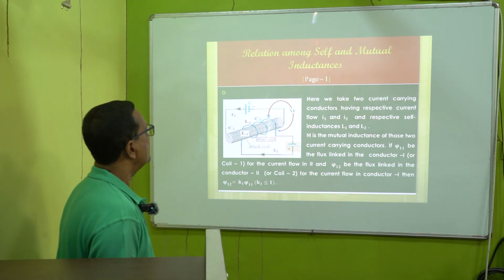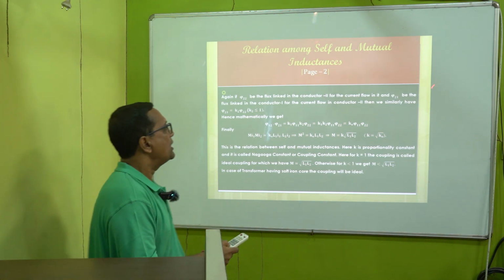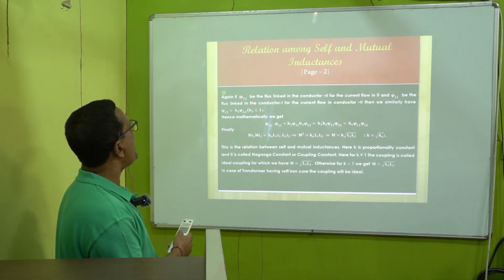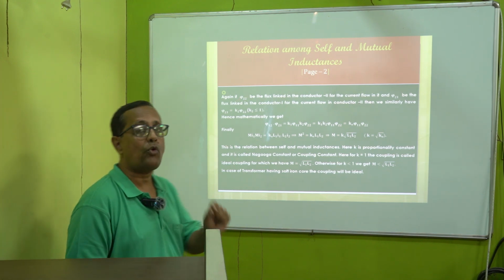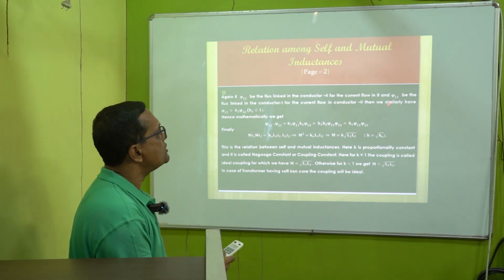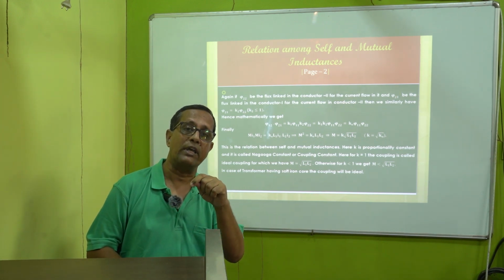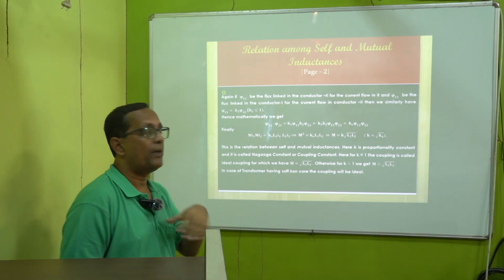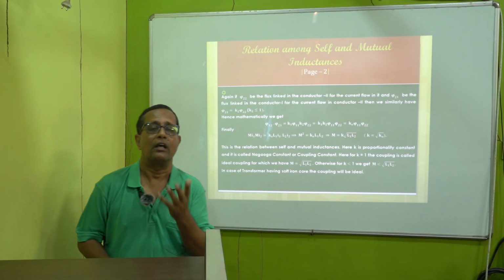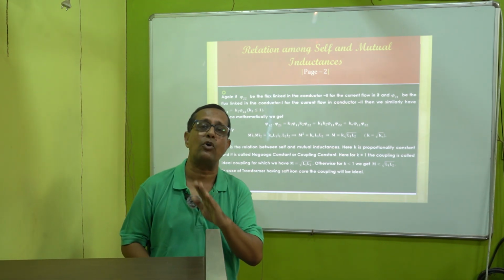Similarly, phi 22 is the magnetic flux linked in coil C2 due to the current flowing in it, and phi 21 is the magnetic flux linked in coil C1 due to the current flowing in coil C2. Then phi 21 is less than or equal to phi 22.